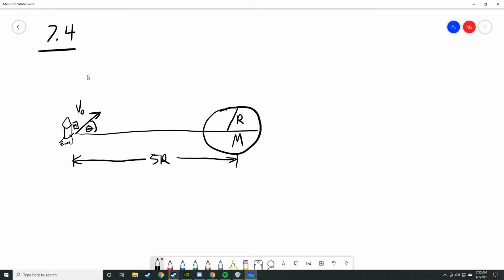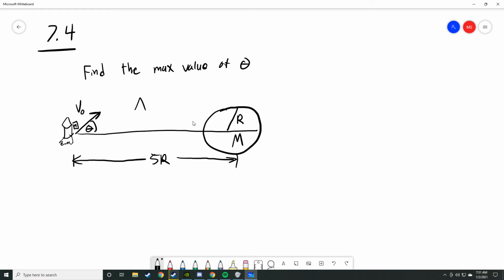So really what we're asking when they say for what angle will it just graze it, is find the max value of theta. Right, because we notice that it will not graze with a greater value, but the lesser we go as we approach 0, it won't graze the planet.